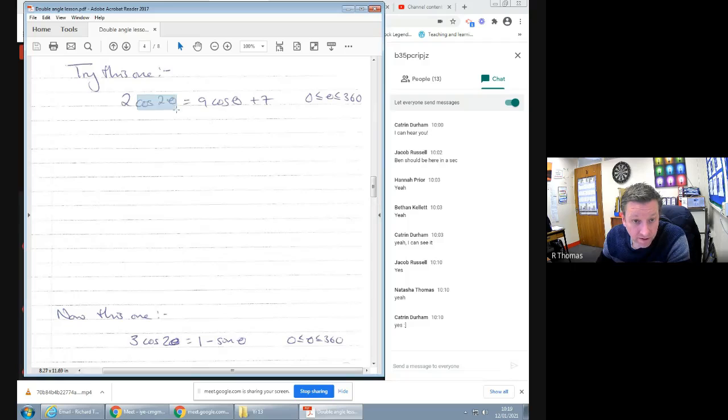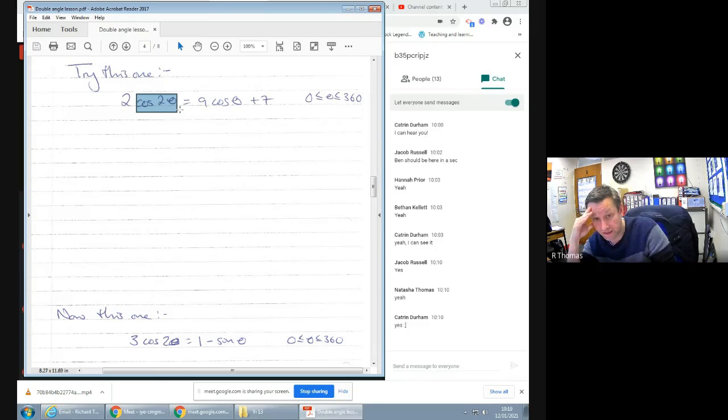So replace this with 2 cos squared theta minus 1. Put it in brackets, multiply it out by the 2, tidy it all up, etc., and see what happens.